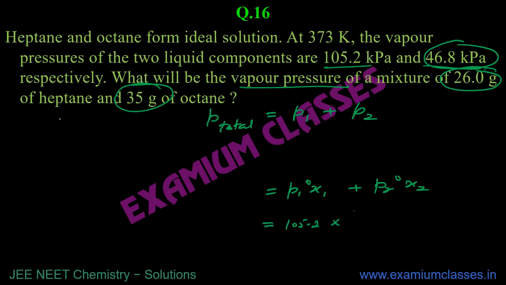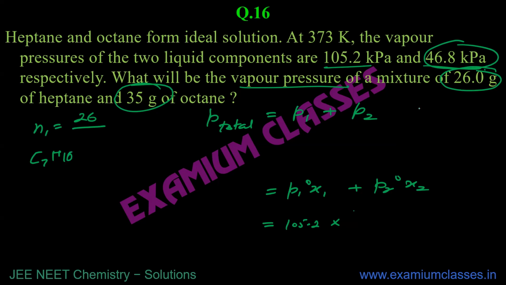X1 will be based on the number of moles of 1. If I write X1, first I will have to calculate N1, the number of moles. It will be the given mass, 26 grams, divided by its molar mass. The molar mass of heptane, C7H16, is 100. You have calculated?